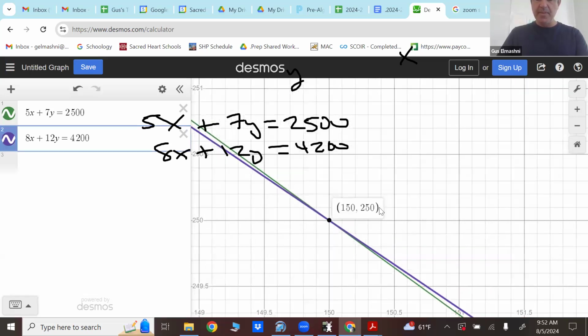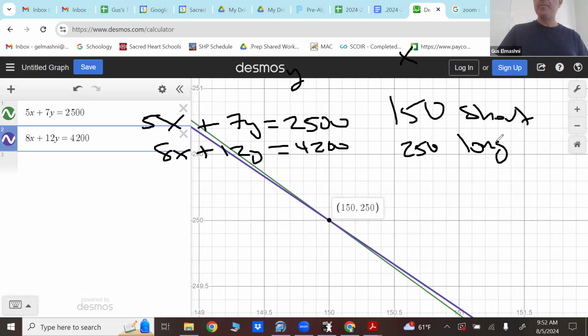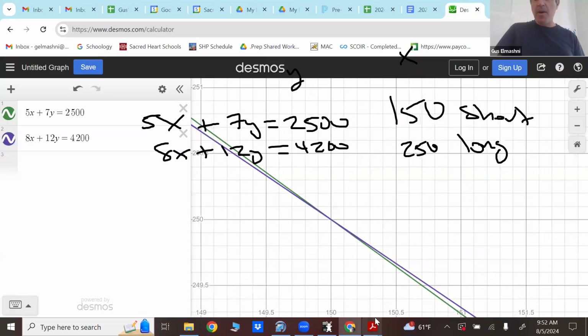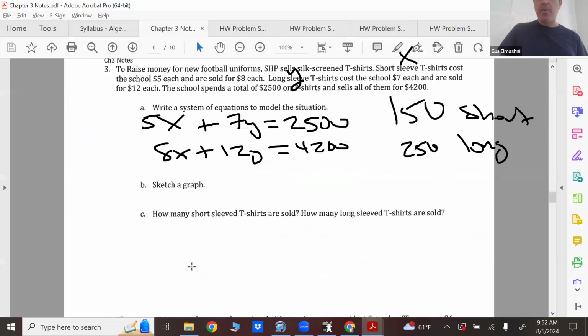There we go. That's the answer, 150 and 250. So 150 short sleeve, 250 long sleeve. Done and done. Pretty simple. Just have to choose what we want X and Y to be and set it up correctly.